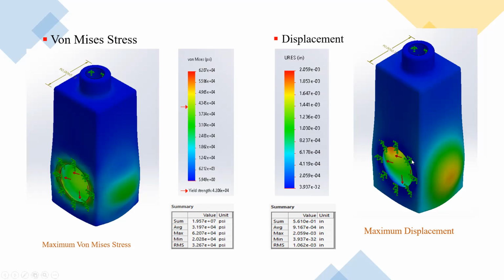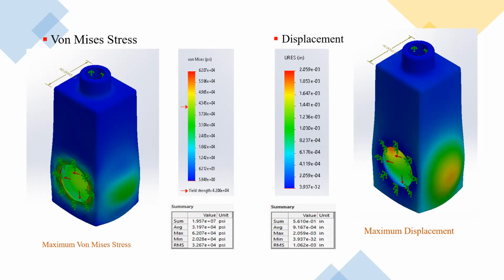So the right side picture shows the displacement. We know the maximum displacement must be in range between 0.001 inches to 0.002 inches. In this situation, when the gate is fully open, the maximum displacement is equal to 0.002059 inches. This is correct.